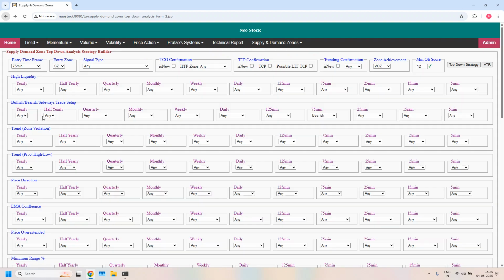Let's verify. I'm going back in the EMA confluence at weekly time frame. I'm checking weekly supply zone having weekly EMA confluence. At the same time, trend on the weekly should not be sideways. It should be downtrend because it is bearish trade set.